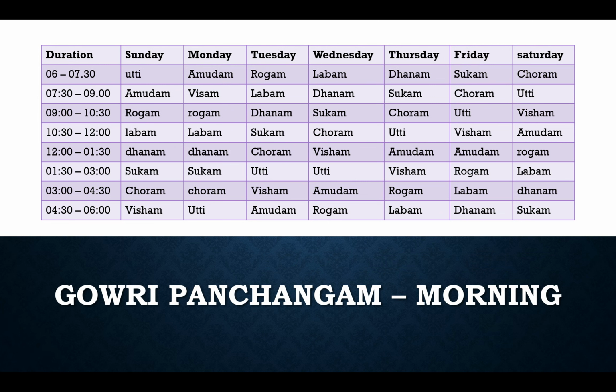I think this doesn't need any explanation, but these things will be varying, meaning one or two things will vary. That means this Gowri Panchangam is not uniform. In Tamil Nadu, there are a lot of Panchanga Kartas, and most of them have their own version. But in our observation, the Panchangams which mostly coincide, and when the same thing is applied to the Panchapakshi table, whichever I saw is giving the correct result, that only I put here.